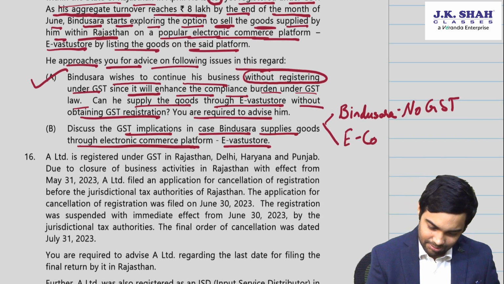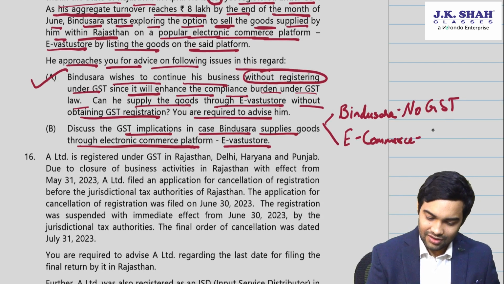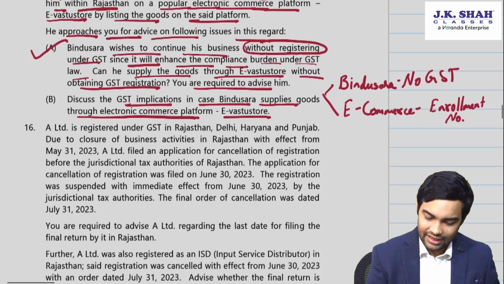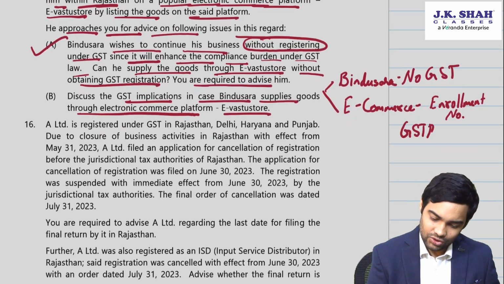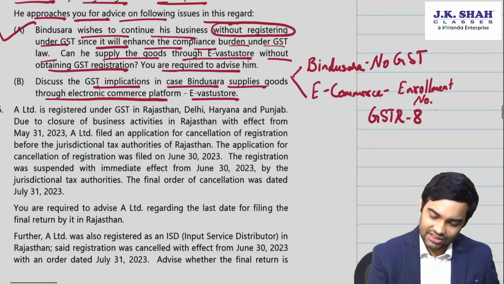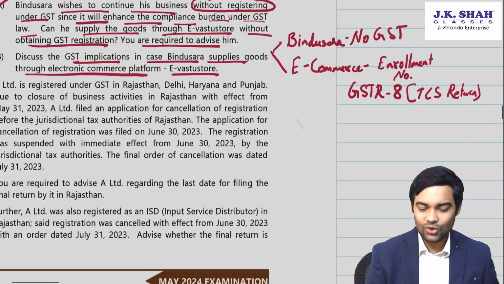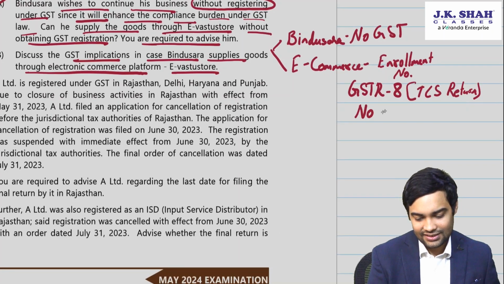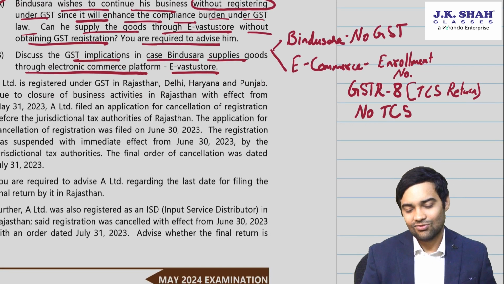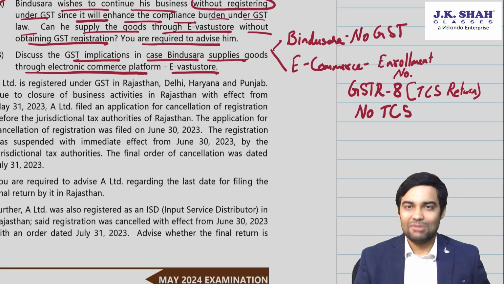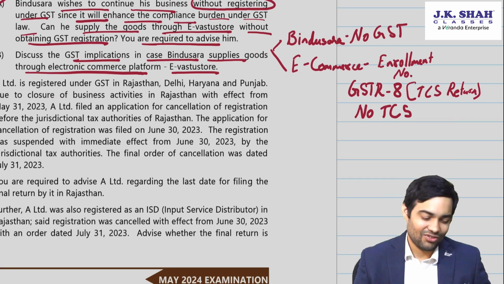For the e-commerce platform, they will have to make sure that the enrollment number is there, and the e-commerce platform has to report this in their GSTR 8, which is the TCS return, and they should make sure that there is no TCS on this transaction. Finally, penalty may also apply, but the institute has not incorporated the penalty provision in the answer.